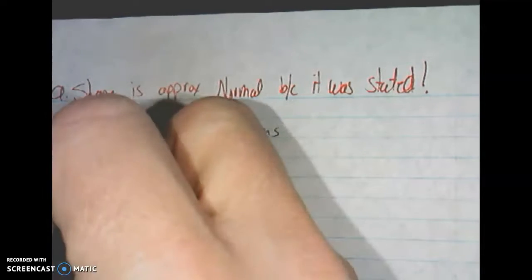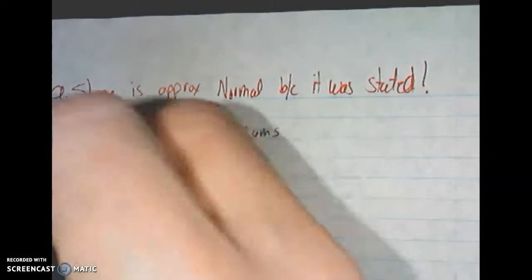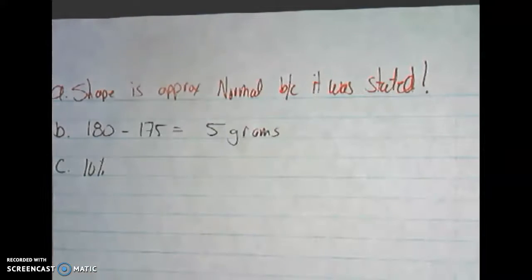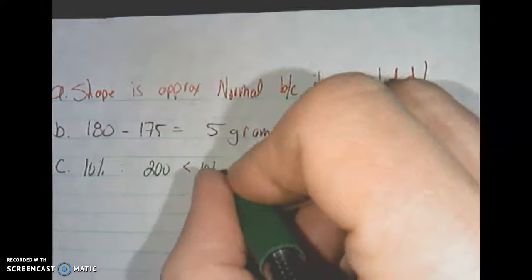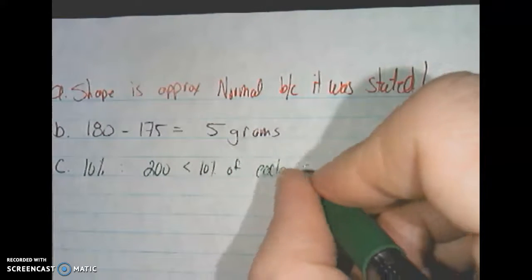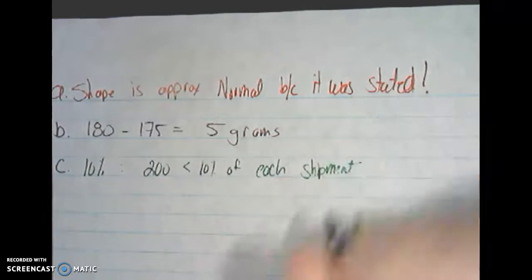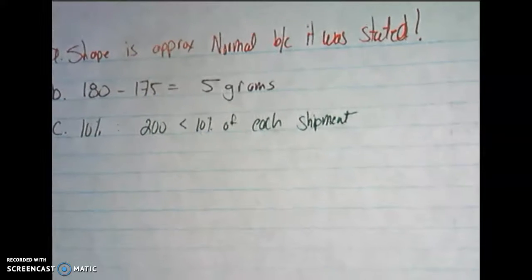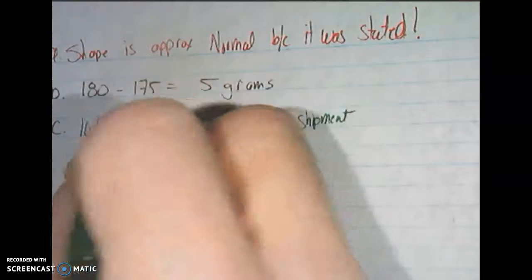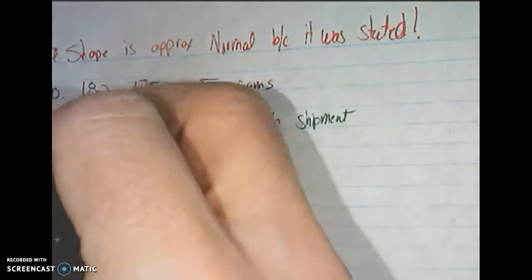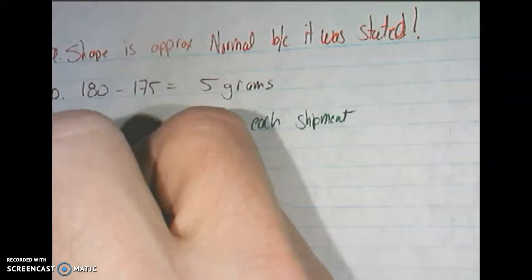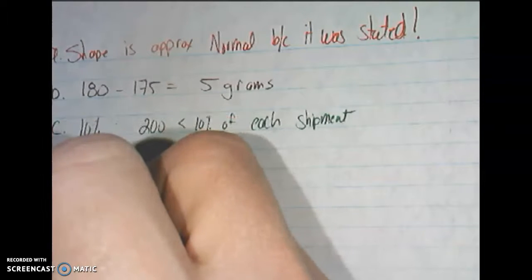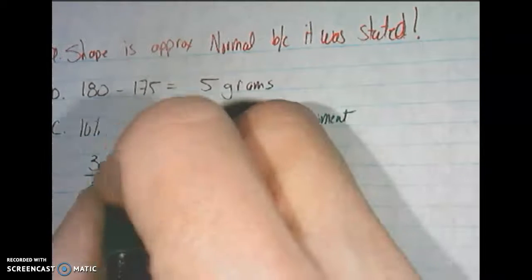All right, C. That's our standard deviation. That's our spread. So let's just do our 10% condition first. 200 potatoes is less than 10% of each shipment, because we have to think of those big spud trucks coming through. All right. So then our formula, and since it's an addition one, I'm just going to go 30 squared divided by 20, because that's how many spuds we got.